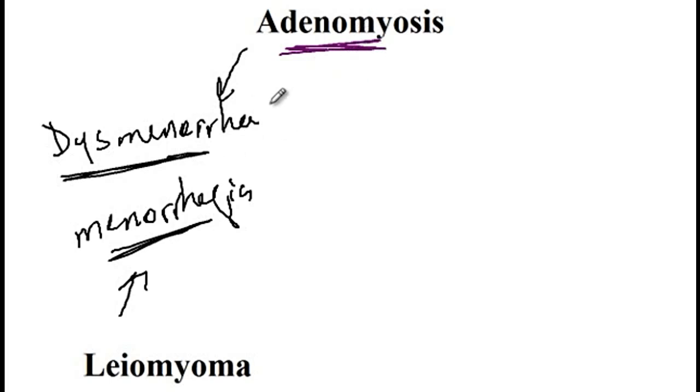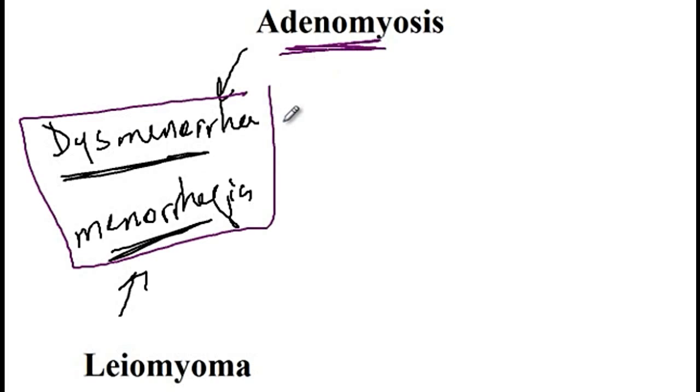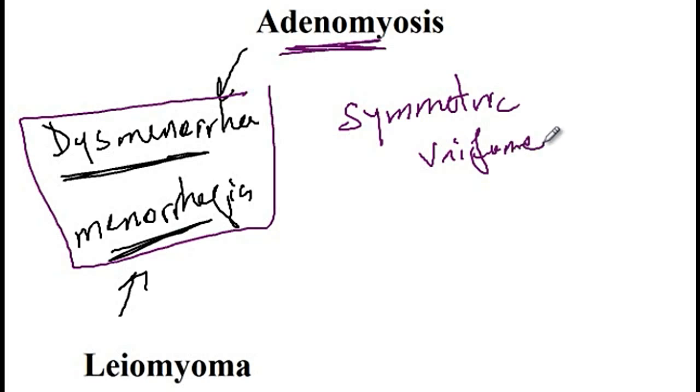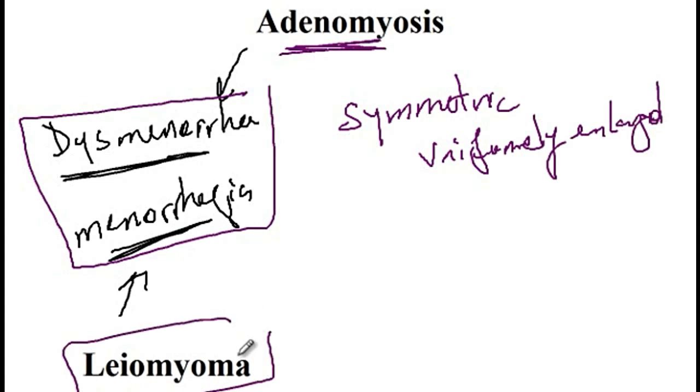However, one big difference, despite its similar clinical presentation to the leiomyoma, is that adenomyosis is a symmetric mass with a uniformly enlarged uterus, versus the leiomyoma, which is asymmetric.